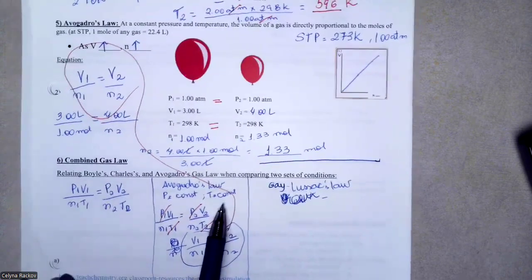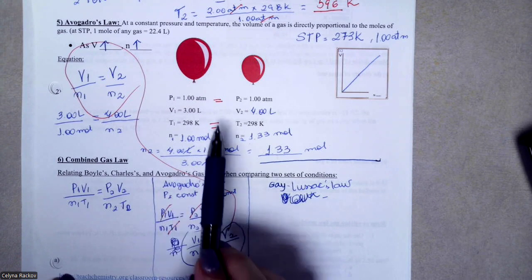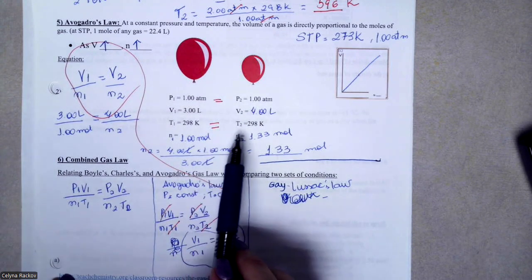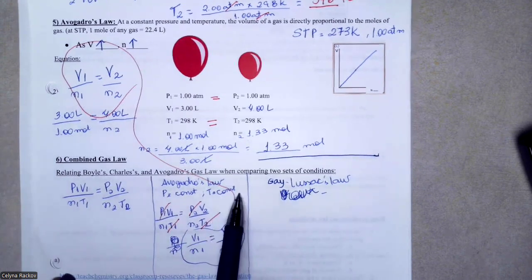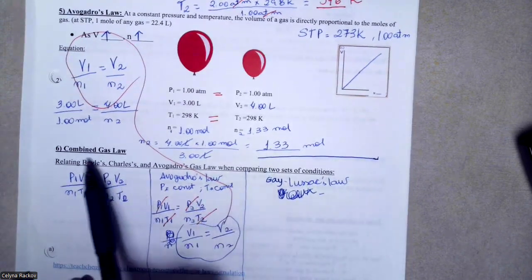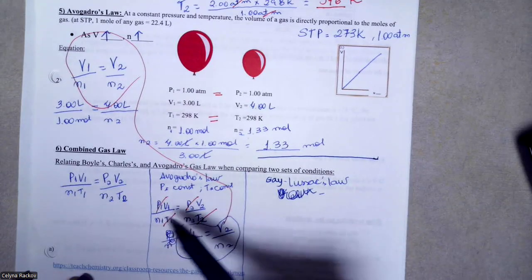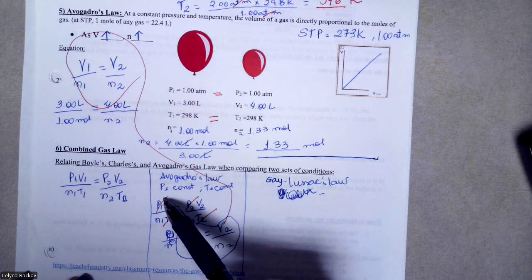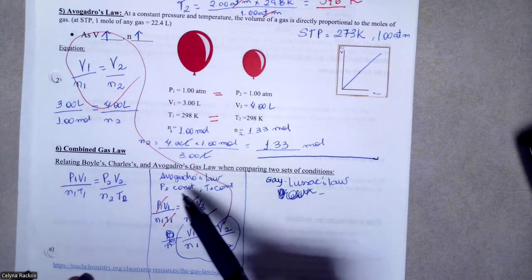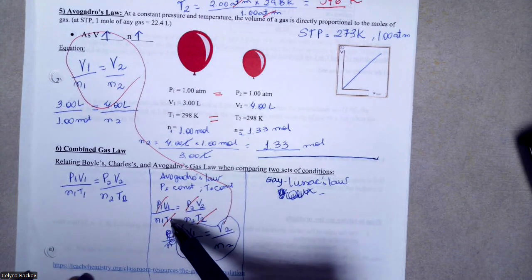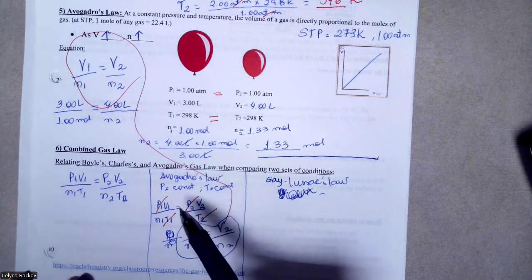Avogadro's law is what? It is when the pressure and temperature are constant, right? So here, pressure constant, temperature constant. So you use the combined equation and it cancels out what is constant. In that case, you cancel out P1 with P2 because they are the same, and you cancel out T1 with T2 because they are the same here.